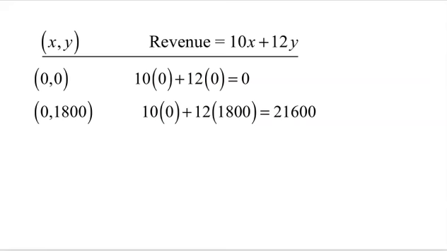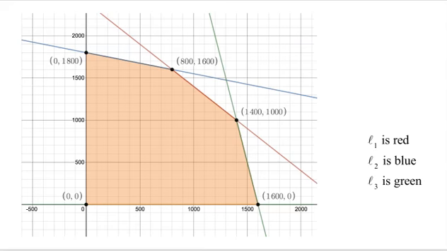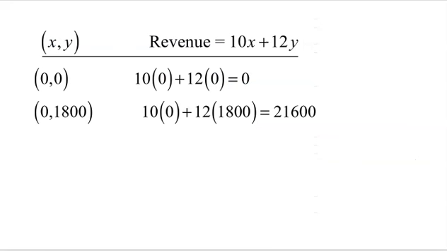Our total revenue is 0, no surprise. Our next corner point is 0, 1,800, right? We see 0, 1,800 right there. So 0, 1,800 gives me 10 times 0 plus 12 times 1,800, 21,600 cents, or $216.